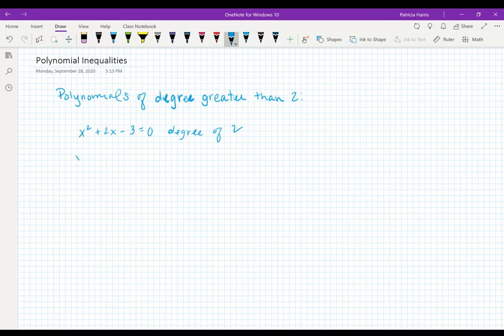And then what we would call a cubic has a degree of 3. A quartic has a degree of 4. And so on.